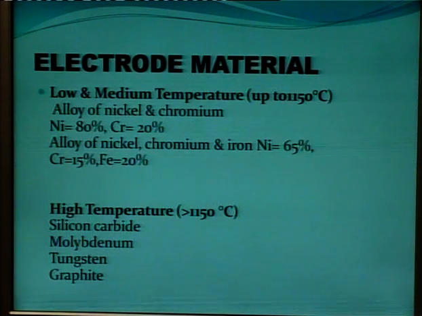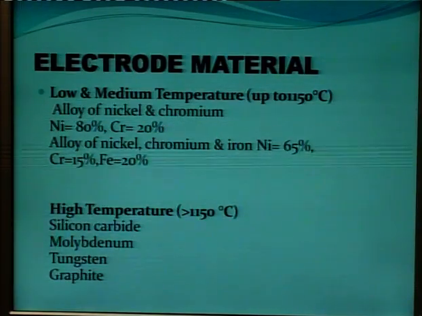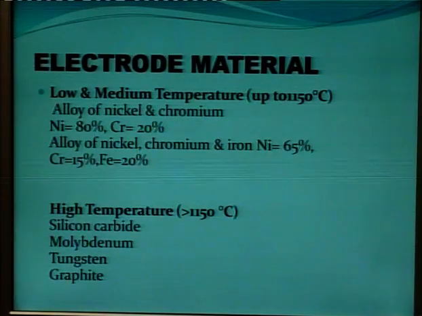Or we can use an alloy of nickel, chromium and iron, in which nickel percentage is 65, chromium is 15 and iron is 20%. Now for high temperature, the electrode must be made of silicon carbide, molybdenum, tungsten and graphite.